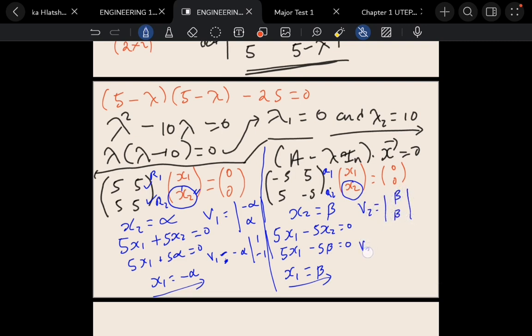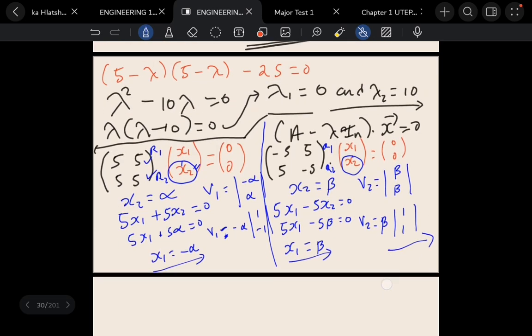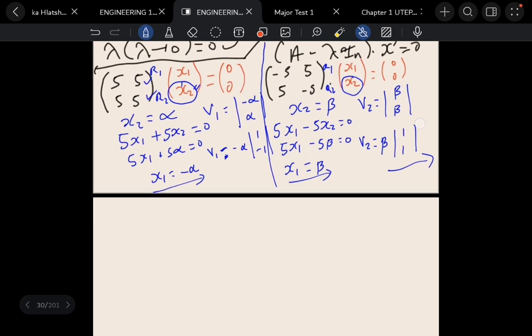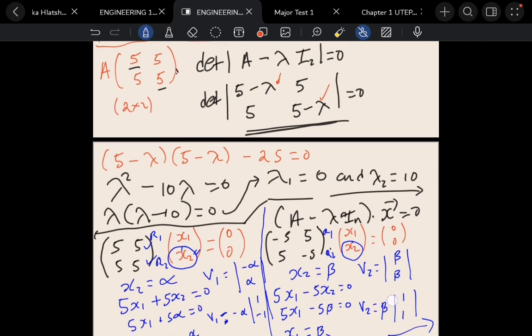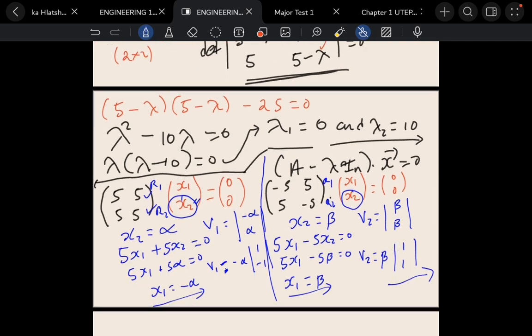Take out beta as the highest common factor. Beta is 1, 1. So in this case, you can notice that your v2 is actually 1, 1. That is your v2. And for v1, it's 1, negative 1. Right? This is the procedure to solve the eigenvalues for a 2 by 2 matrix.